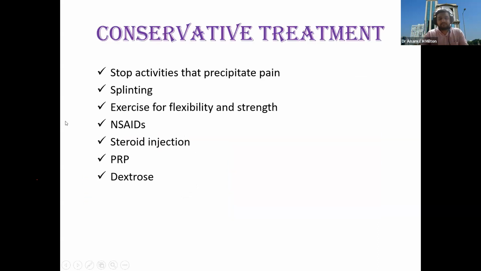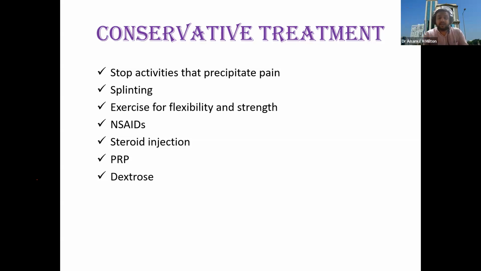Okay, now the conservative treatment. Number one, stop the activities that precipitate these things, like playing some things like this, or screwing and screwing. These types of work you should stop. Number two is splinting. Sometimes you can do exercises for flexibility and strengthening.